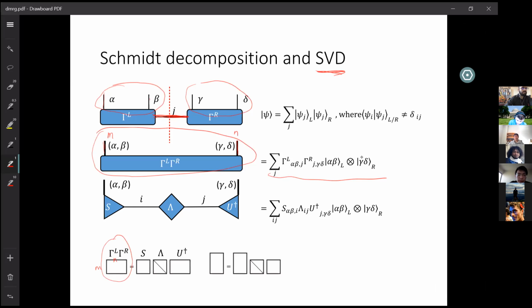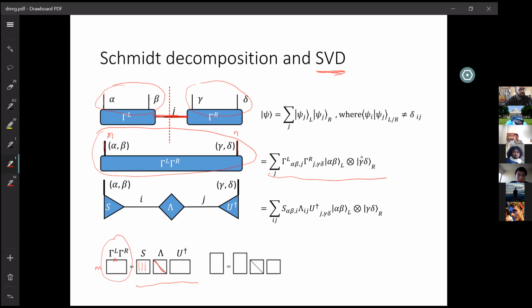By doing the SVD, you split this matrix into this form. Here it's S. The S is a unitary matrix, which has its column vectors orthogonal to each other, and lambda is a diagonal matrix, and the diagonal values are real.